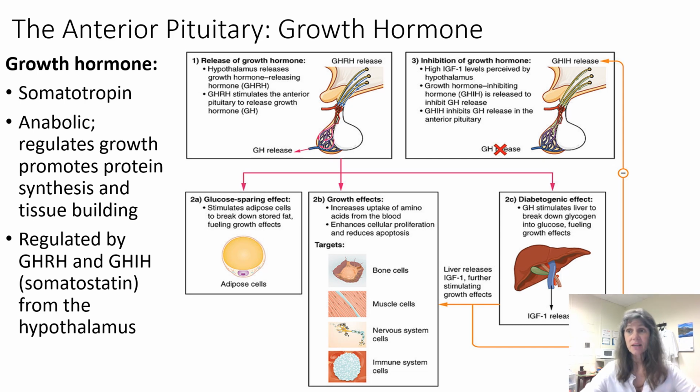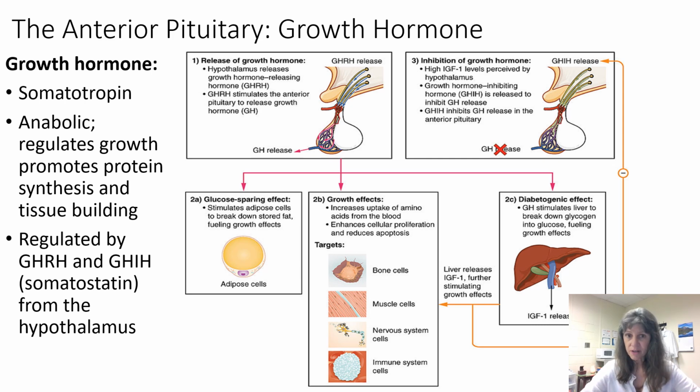And we also see more mitosis, so there's more tissue growth with more cellular growth and more growth occurring actually inside of cells because we're building more proteins inside the cells. And we see that bone cells, muscle cells, neurons, and cells in our immune system are all going to be affected by this effect of growth.